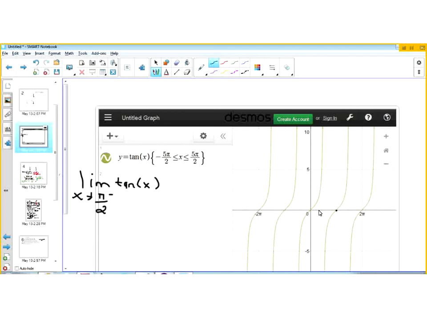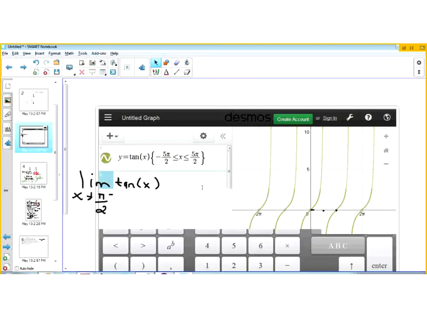So where is pi halves? This is pi right here, so pi halves would be right here. So as x approaches pi halves from numbers smaller than pi halves, look what happens to the output.